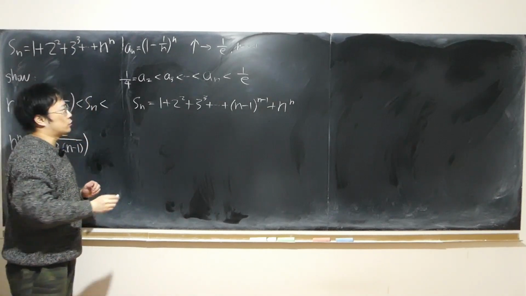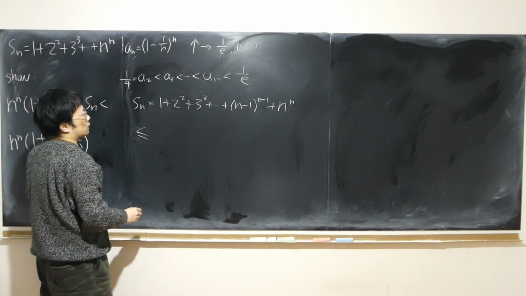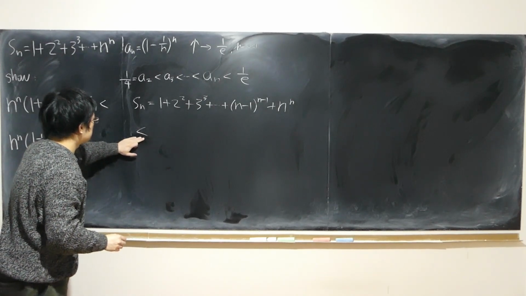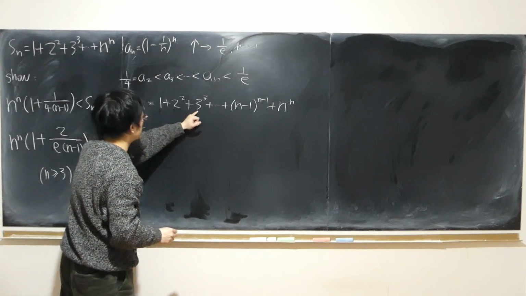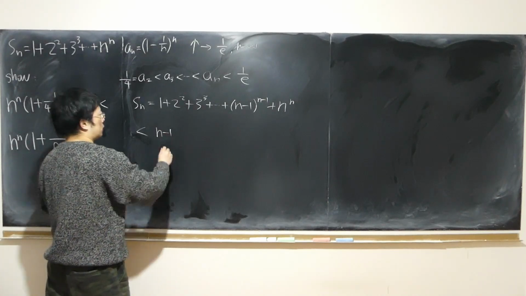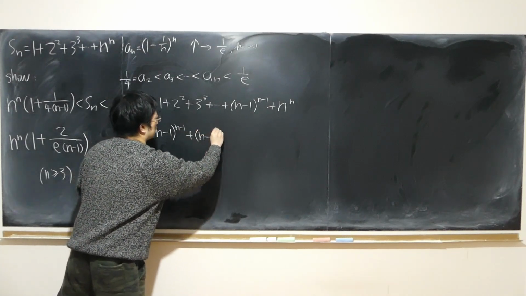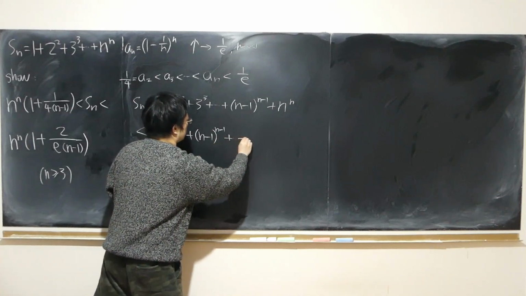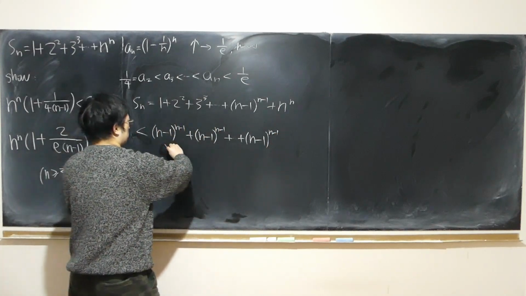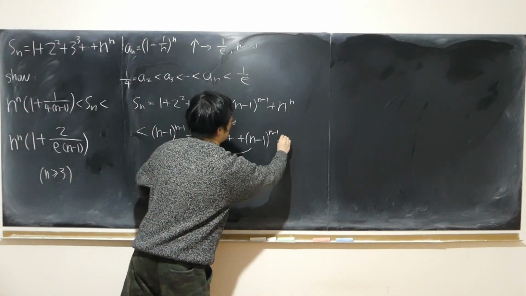This time my rough estimation of the upper bound is less than, replacing every term with this term, because n is greater than or equal to 3. So this term, this term, this term. Here I should have n minus 1 terms and the last term.